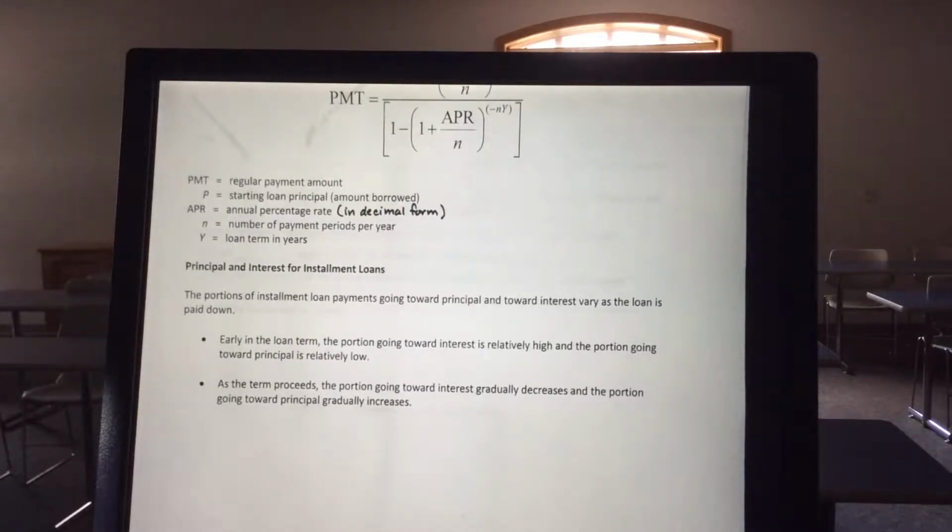So as you start off making the payments, the majority of it will go to interest, and what's left will be a small amount going to principal. But as you continue to make your payments, the amount that goes towards interest will gradually decrease as the amount going towards principal will gradually increase.